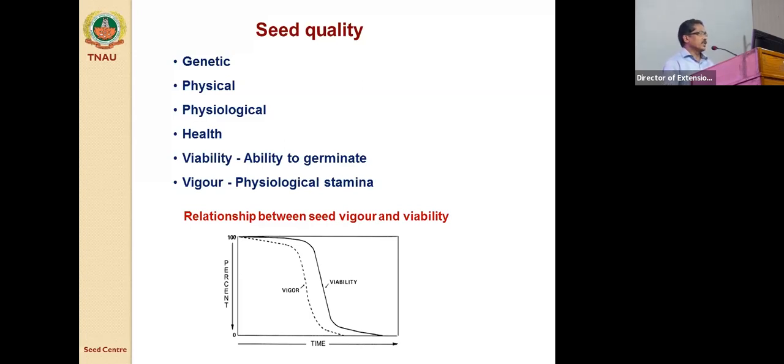Then the second important character is physical quality, which is being devoid of any unwanted materials. The seed should be 100% physically pure of the prescribed seed. Then the third important character, especially for the seed, is the physiological quality.